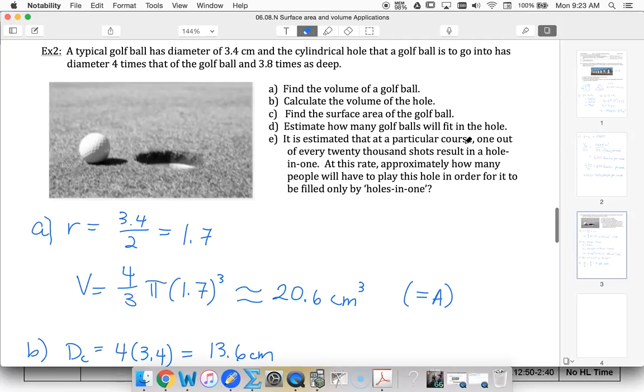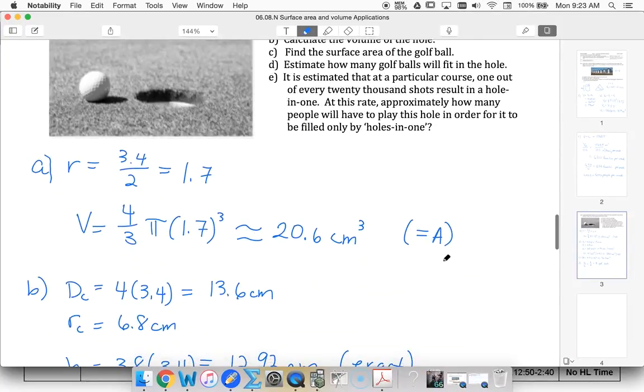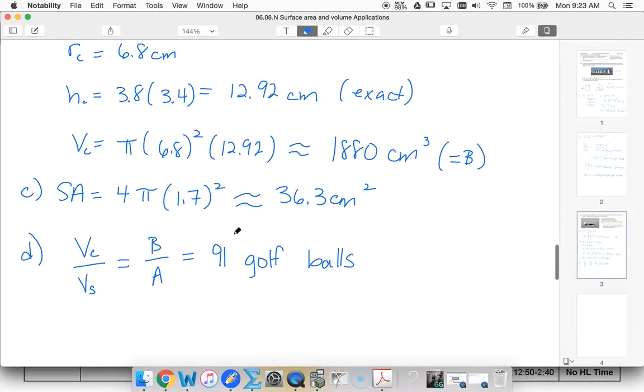Estimated that on a particular course, 1 out of every 20,000 shots results in a hole-in-one. So 1 in 20,000 is a hole-in-one. At this rate, approximately how many people will have to play this hole in order for it to be filled only by holes-in-one? Well, we know we would need 91 people to win.